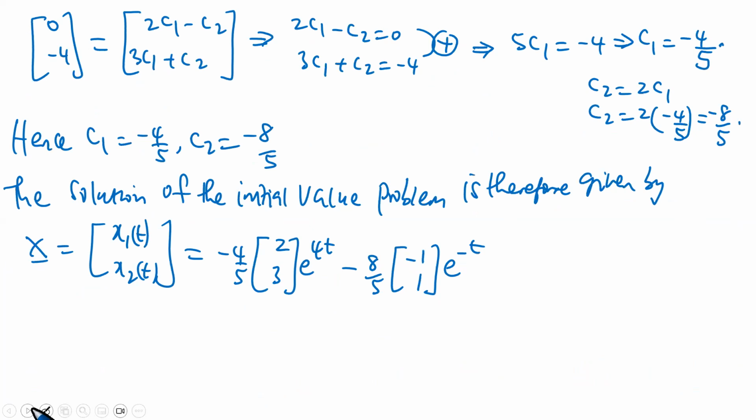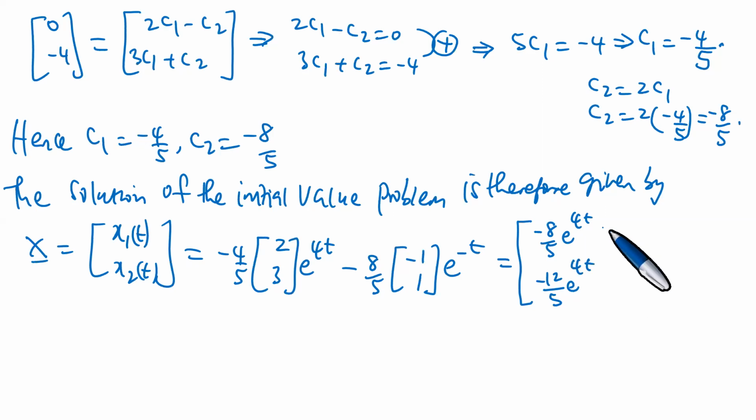That is the answer, but this answer can also be written by multiplying out. If you multiply out, this one is going to become what? 4 by 2 is minus 8 over 5 e to the 4t, minus 12 over 5 e to the 4t, plus 8 over 5 e to the minus t, minus 8 over 5 e to the minus t.